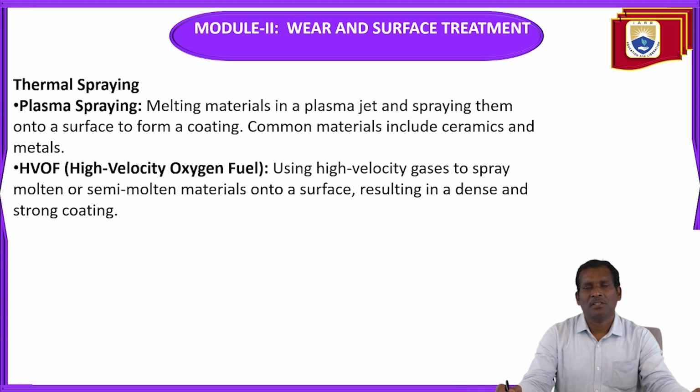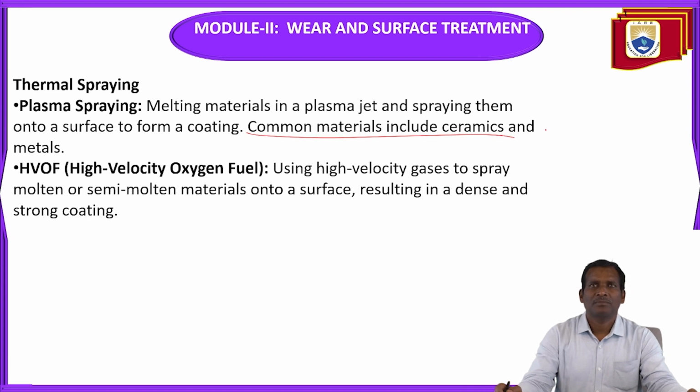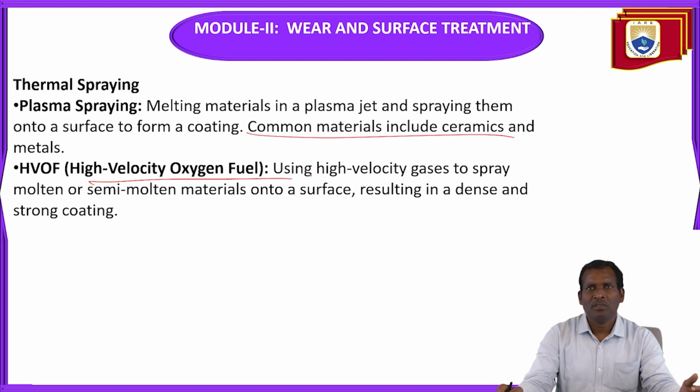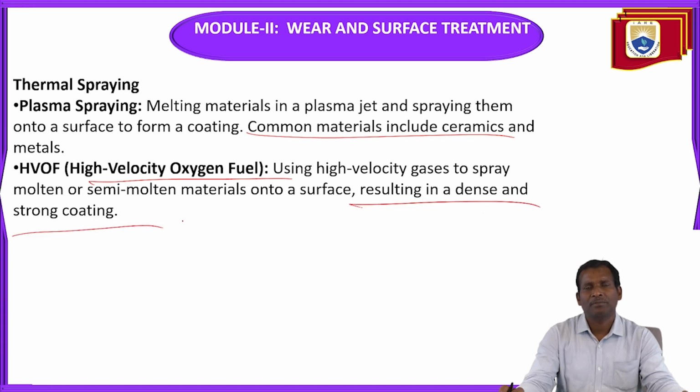The common materials include ceramics and metals. The HVOF, that is high velocity oxygen fuel, uses high velocity gases to spray molten or semi-molten materials onto a surface, resulting in a dense and strong coating.